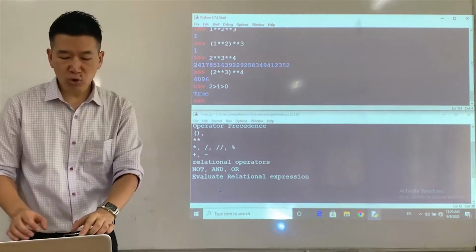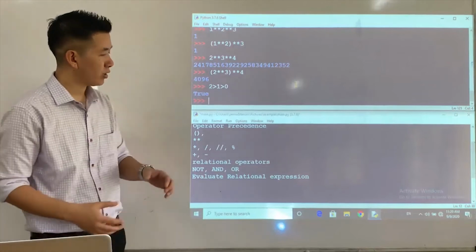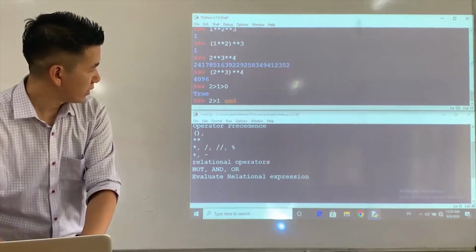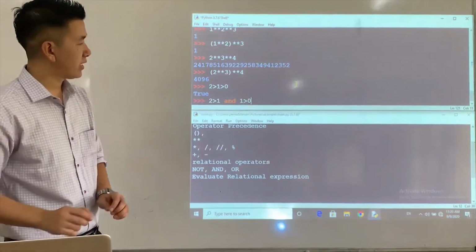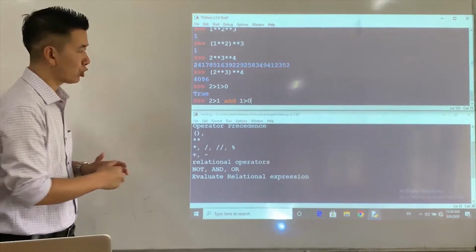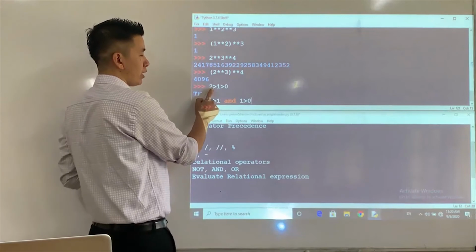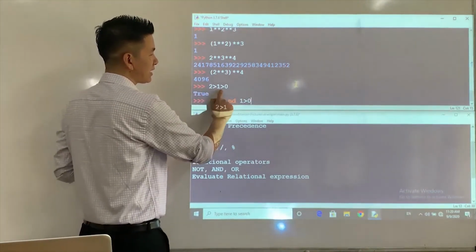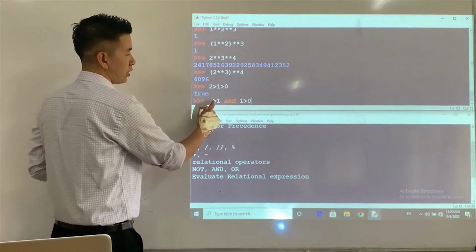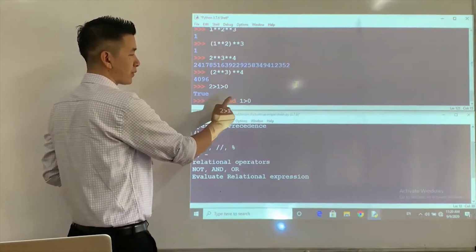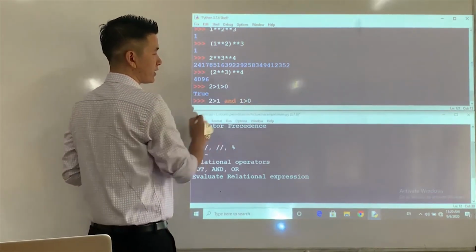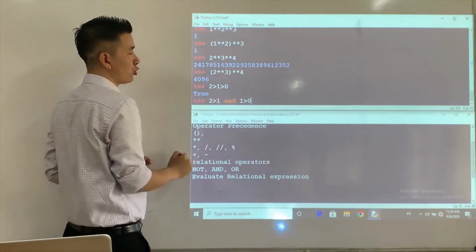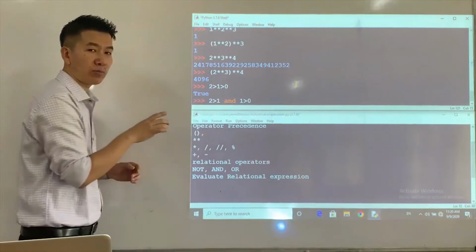Now this is internally equivalent to 2 greater than 1 and 1 greater than 0. I want everybody to get this. In Python you can chain multiple comparisons, but this is internally interpreted as 2 greater than 1 and 1 greater than 0. Unless both the conditions are true, the result will not be true.